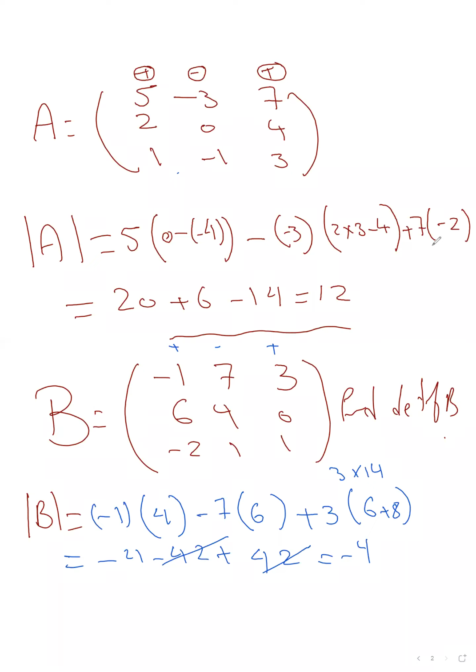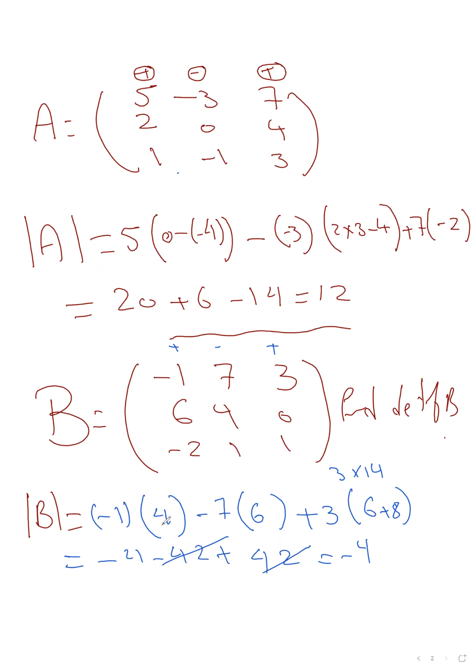Here I'll give another example. We need to find the determinant of B. Use the first row: the first element in the first row is negative 1, and cancel the first row and the first column. You have this part, 4 times 1 minus 0 times 1, which is 4.